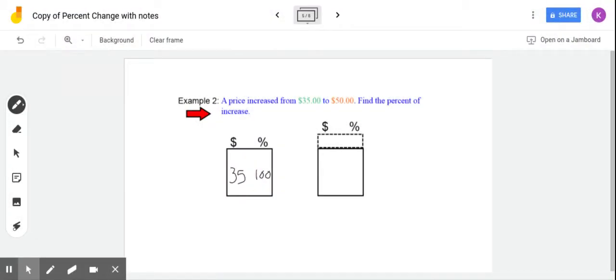The price increased from 35 to 50, so this whole thing is 50. This little part is still 35. So to find the missing part there, I know it's going to be 50 minus 35, which is 15.